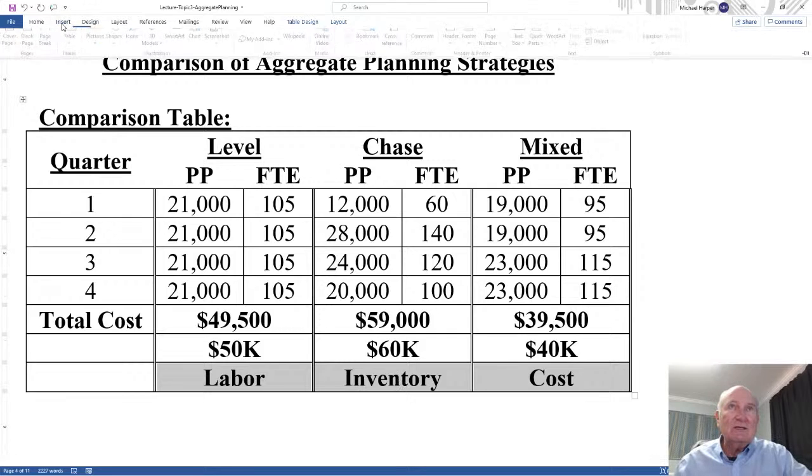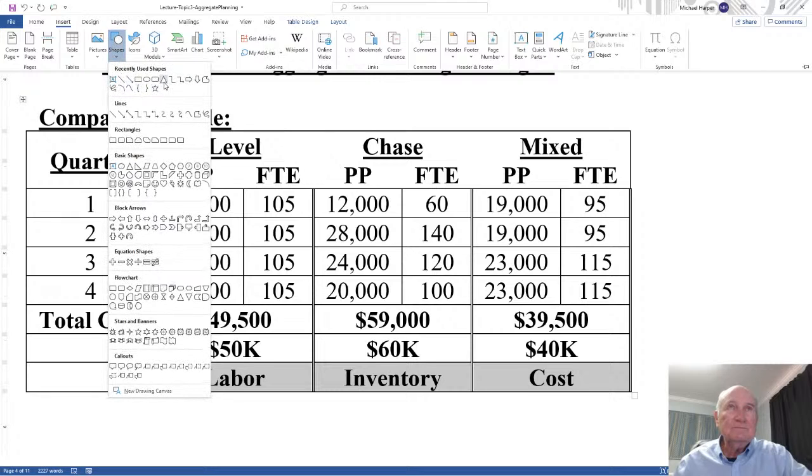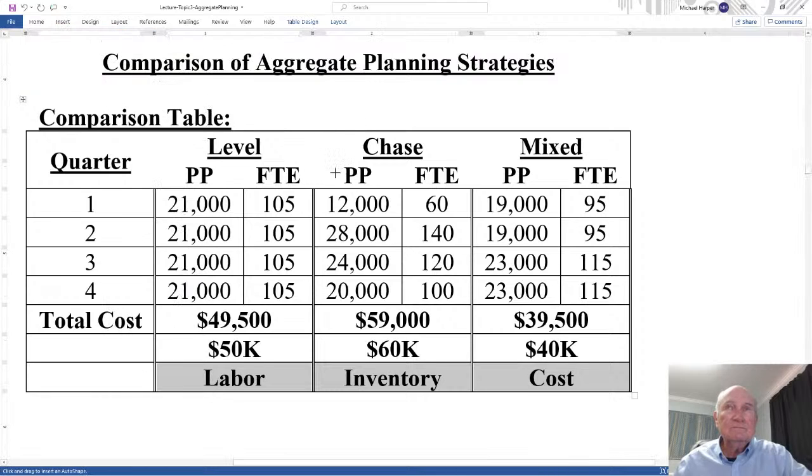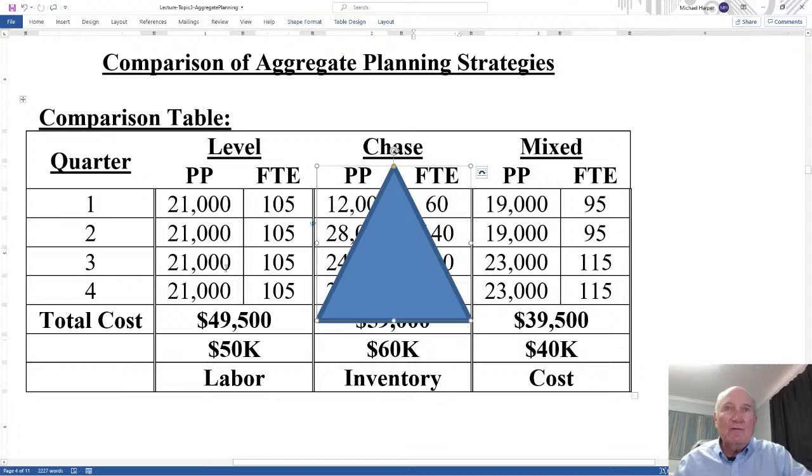And just to emphasize this, I can have a triangle with level, chase, and mixed and say, okay, do we want pure level, pure chase? Do we want this mixed or something in between? And so now you're looking at how people plan aggregate planning and production.